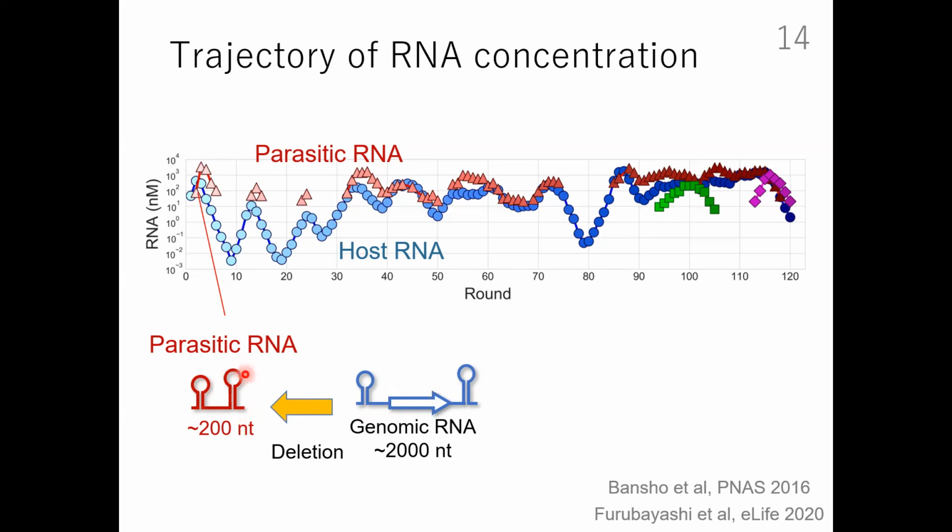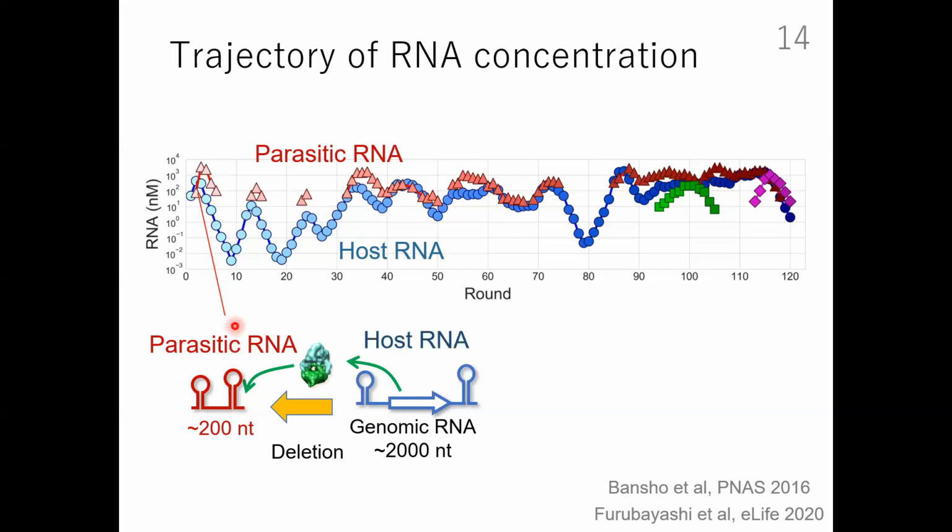And this small RNA does not contain the replicase gene, so it cannot replicate by itself, but it can replicate if it is in the same compartment with other genomic RNAs, using the replicase translated from genomic RNA. In this sense, this is a parasite and this is a host.